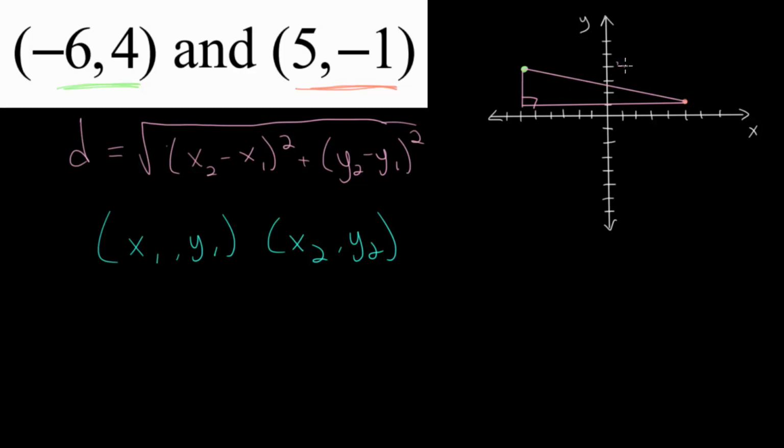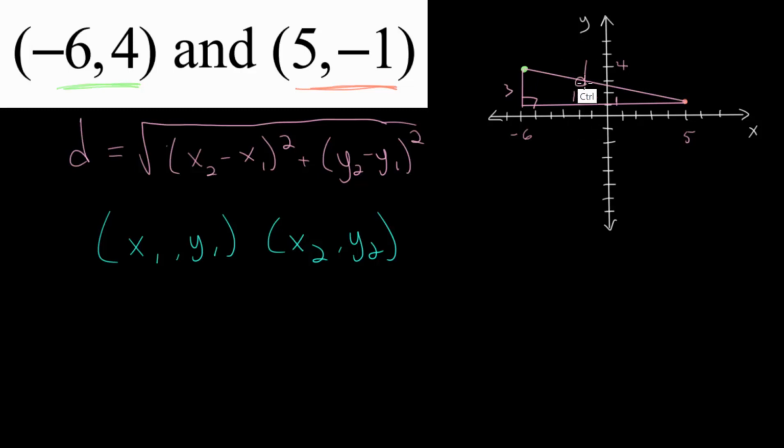We have a y value of 4 here and a y value of 1 here, so this height here will be 3. And this horizontal component, we notice that this has an x value of -6. This goes to positive 5, so this length right here would just be the difference of these values, which is 11.